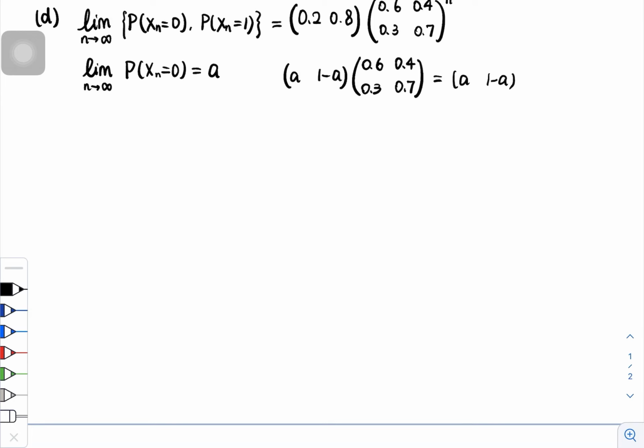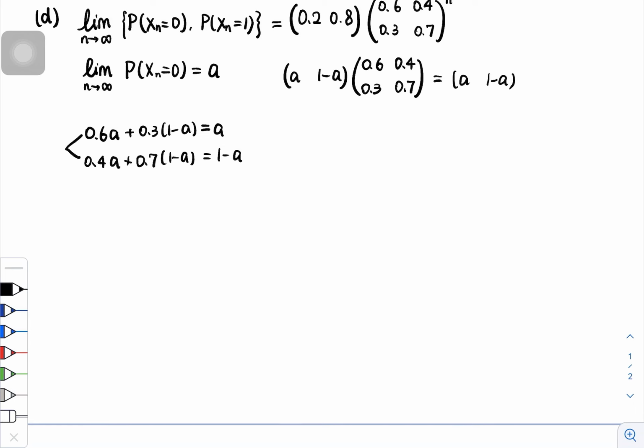So this situation should satisfy the equation of this plus this equals a. This plus this equals 1 minus a.